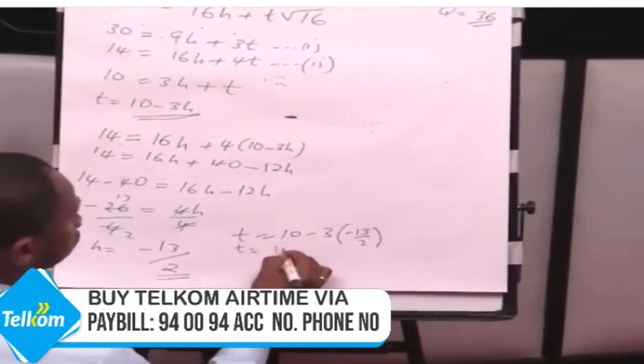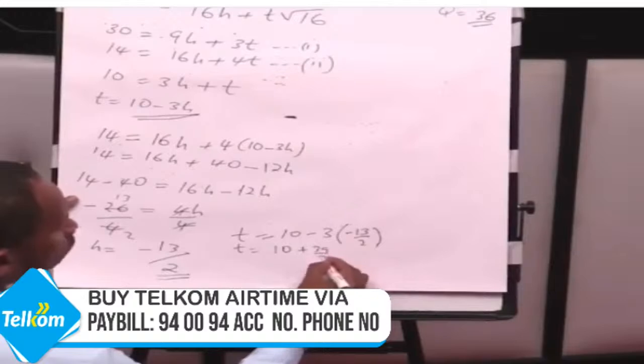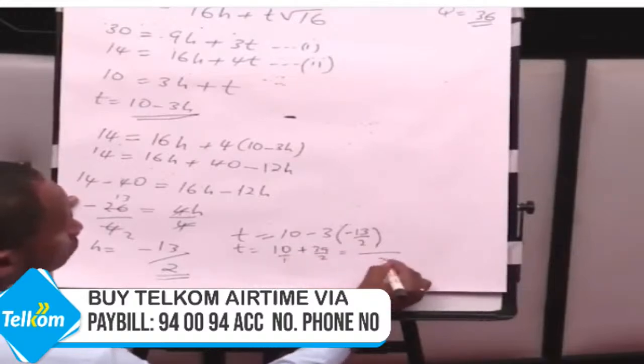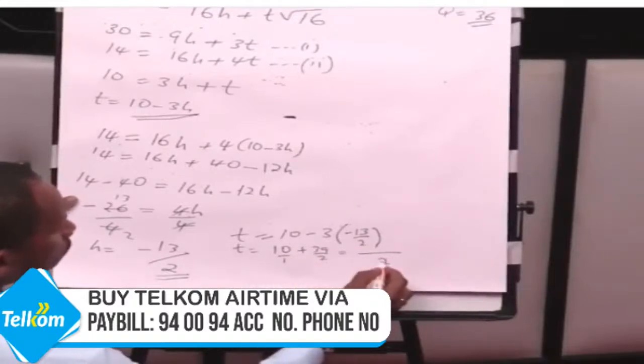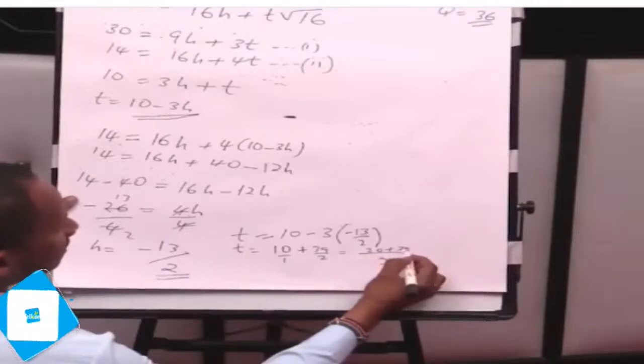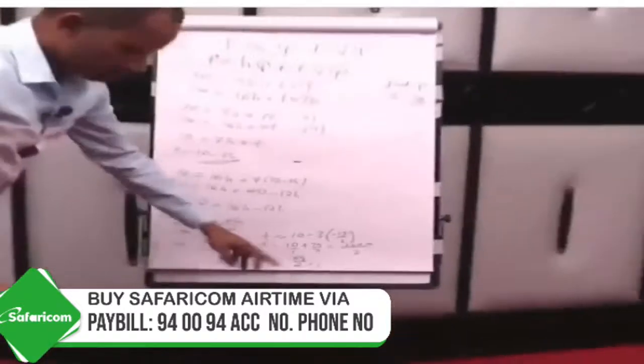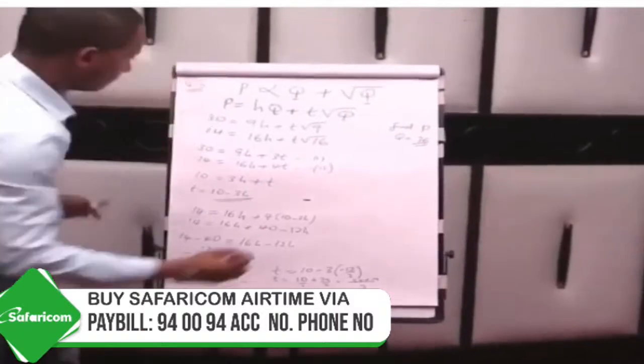So T equals 10 minus 3 times minus 13, which is plus 39, over 2. Get the LCM, which is 2. 2 times 10 is 20, plus 39. So T equals 59 over 2. So we have our value of T.